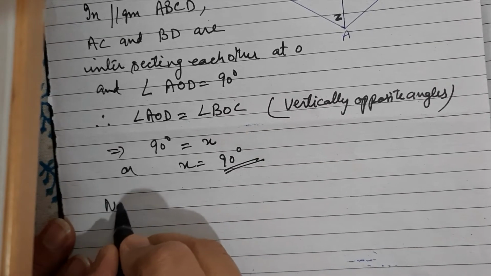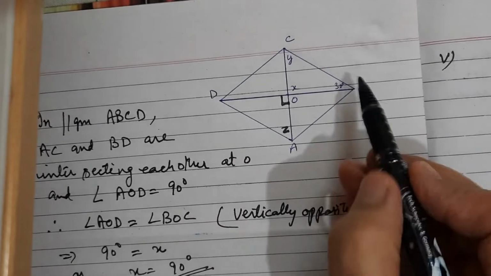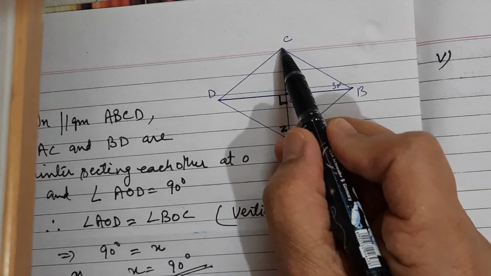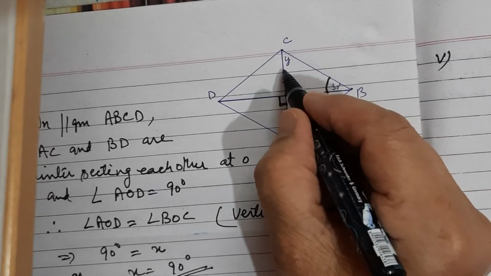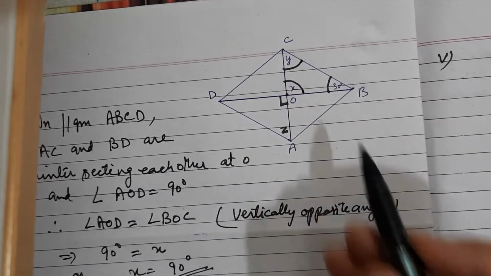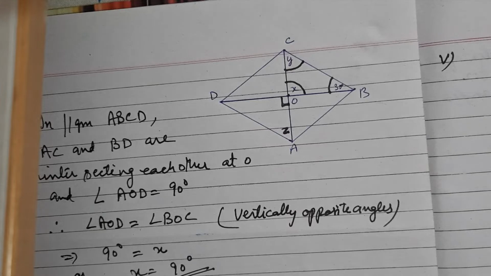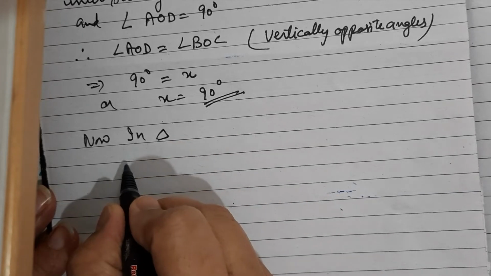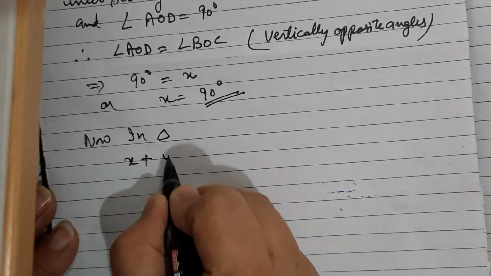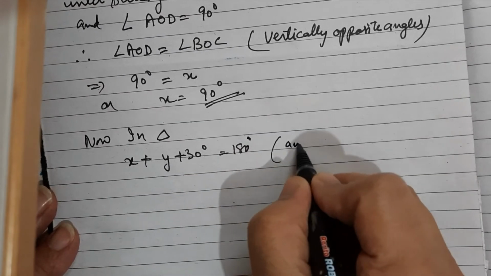Now in triangle BOC, angle B is 30 degrees, O is x and C is y. Two angles are known and one is unknown. We will find it by using the angle sum property of a triangle. x plus y plus 30 degrees is equal to 180 degrees.